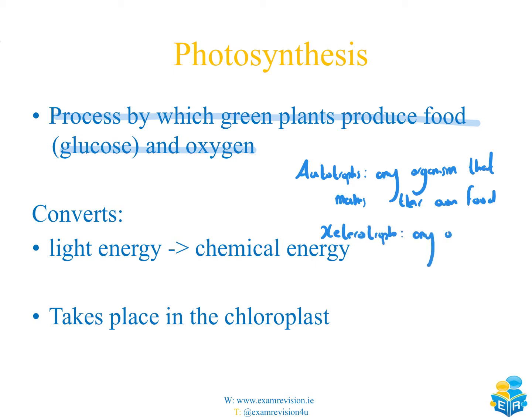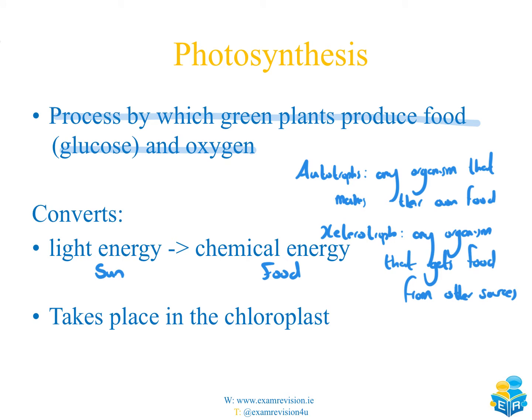That's any organism that gets their food from other sources. So plants make their own food, they're autotrophs, and how they do this is they convert light energy, which is coming from the sun, into chemical energy, which is going to be their food source.